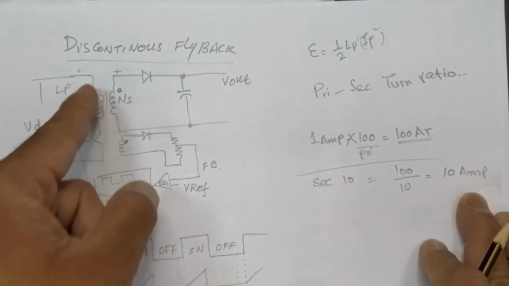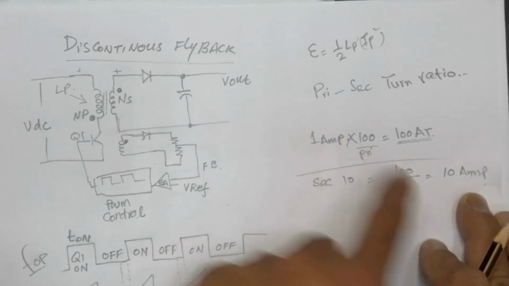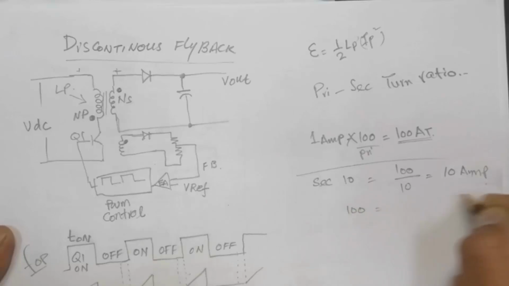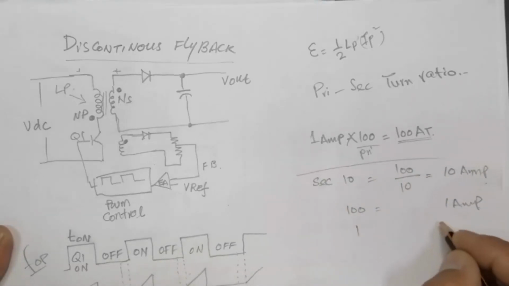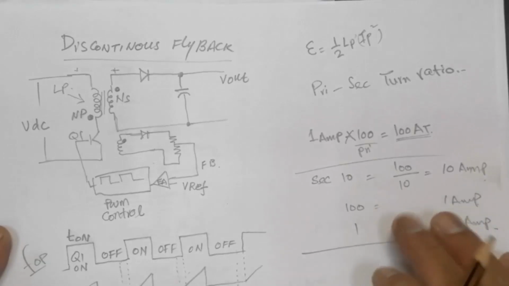For example, with 100 turns we have 100 divided by 100, 1 ampere. If we have 1 turn, we will get 100 amperes. So it follows the turn ratio rule.